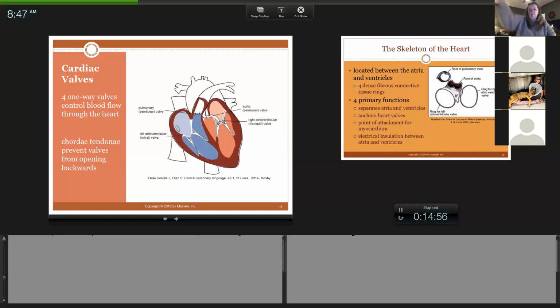When you open it, it doesn't just throw the door open. That's what's happening with the valves. They've got these anchors, so when they go to open, they stop. Because of those chordae, they don't just fly open, okay? So they anchor the heart valves, and they are connective tissue. It's a tendon, and they anchor to the muscles within the ventricles.